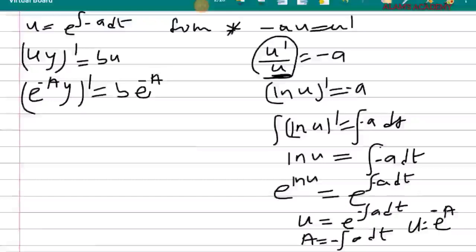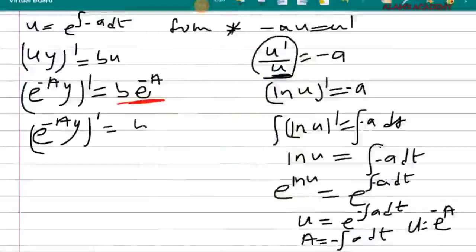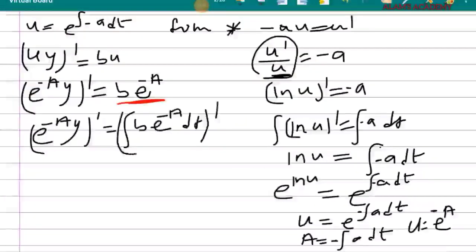So I will take the integral of this side and I'll differentiate at the same time. So we say that e^(-at) y is equal to the integral of b e^(-at) dt, taking integral on all and then differentiating at the same time.